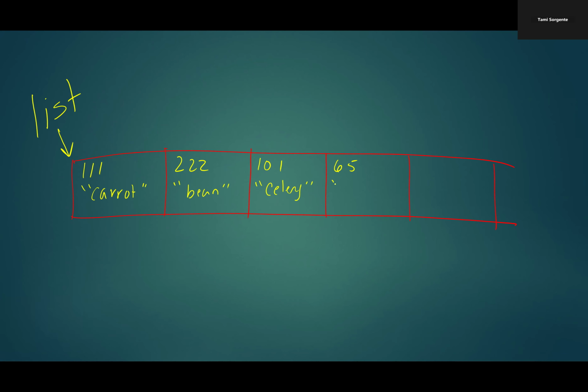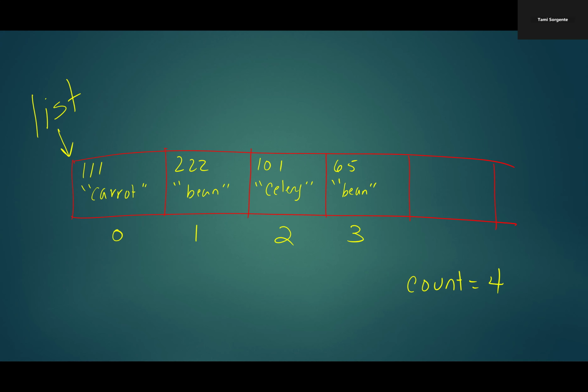And this could be, I don't know how to spell cauliflower, so we'll just pick another kind of bean. Doesn't really matter. Okay, so we have our veggies here. Each one is unique. Each one has a unique ID. This is index 0, 1, 2, 3. So count is going to equal 4.